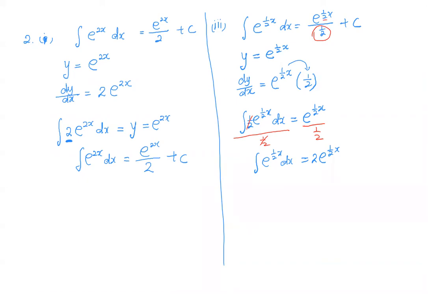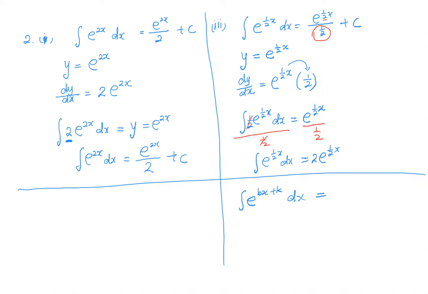So now can you tell me what is the general formula? If I integrate e to the power of bx plus k, it doesn't matter, dx, what will the answer be? e to the power of bx plus k over b, plus c.